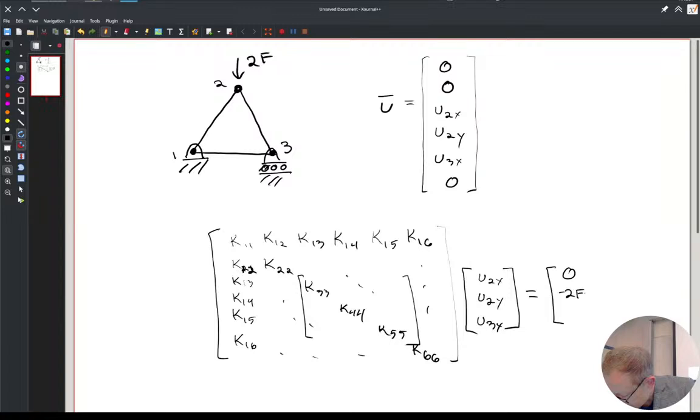By adding that subset, saying there are certain nodes where I know what the displacements are, that subset is creating boundary conditions.